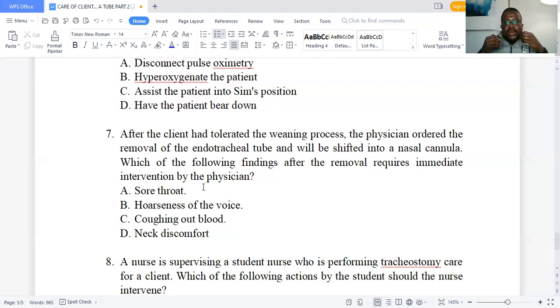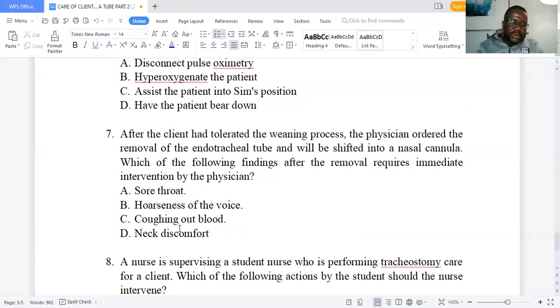The patient will now move into a nasal cannula. So they've observed the patient for some time without giving oxygen through the endotracheal tube. We will remove it and then put the nasal cannula, observe again, and then finally stop it. So this tube has been removed.